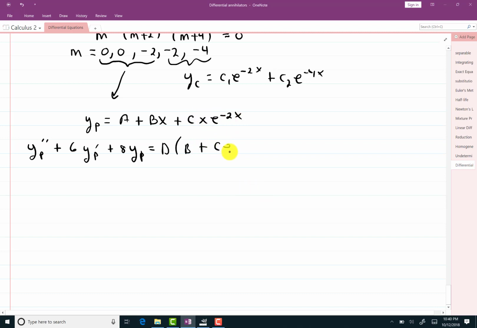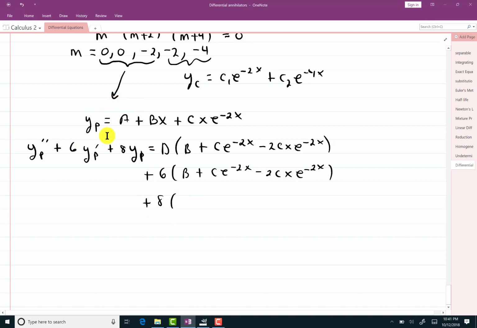So I get c e to the -2x minus 2cx e to the -2x plus 6 times exactly that stuff again. Got that. And then finally plus 8 times the original expression, which was a plus bx plus cx e to the -2x.